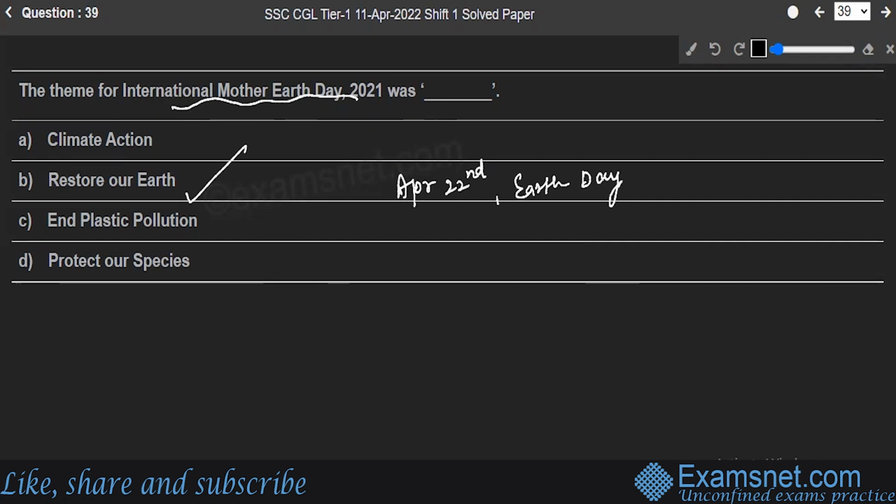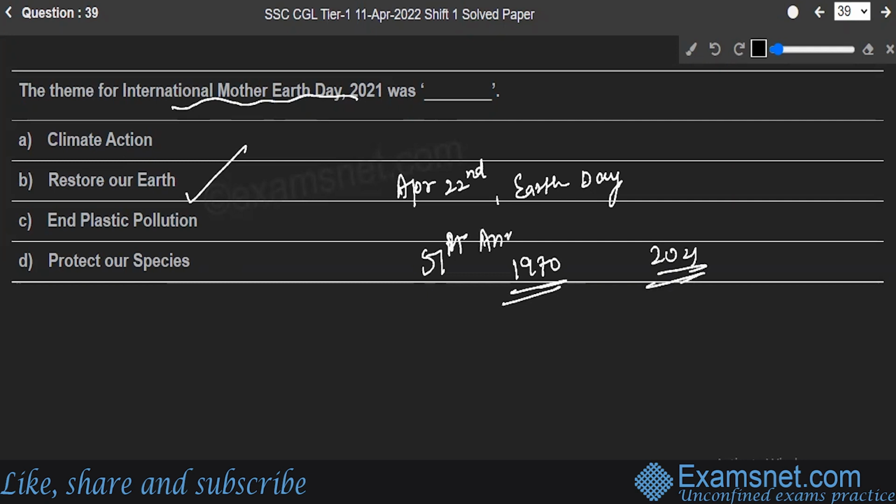This day is commemorated around the world to raise awareness about the environment and encourage people to support environmental protection. The 51st anniversary of World Earth Day, which began in 1970, is celebrated in 2021.